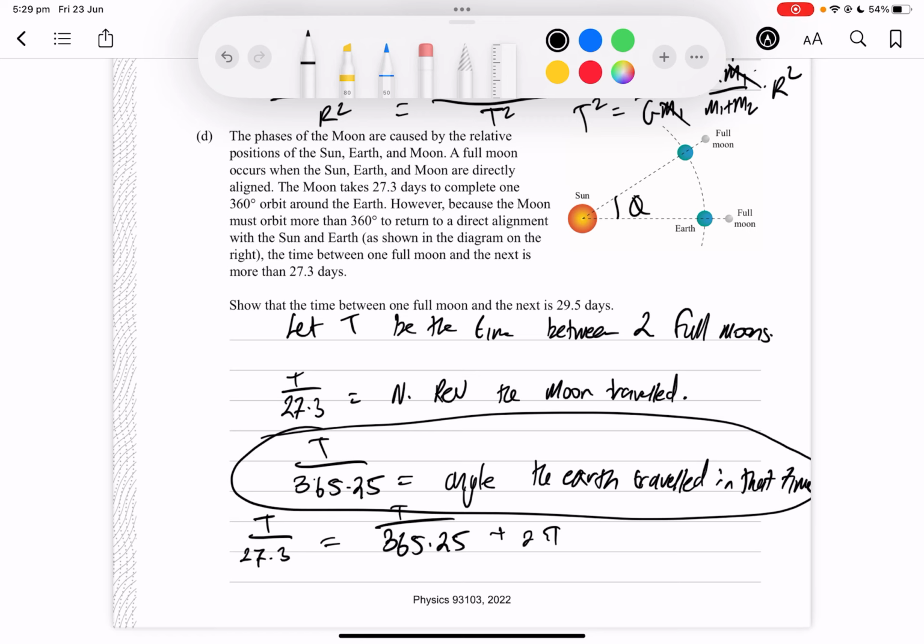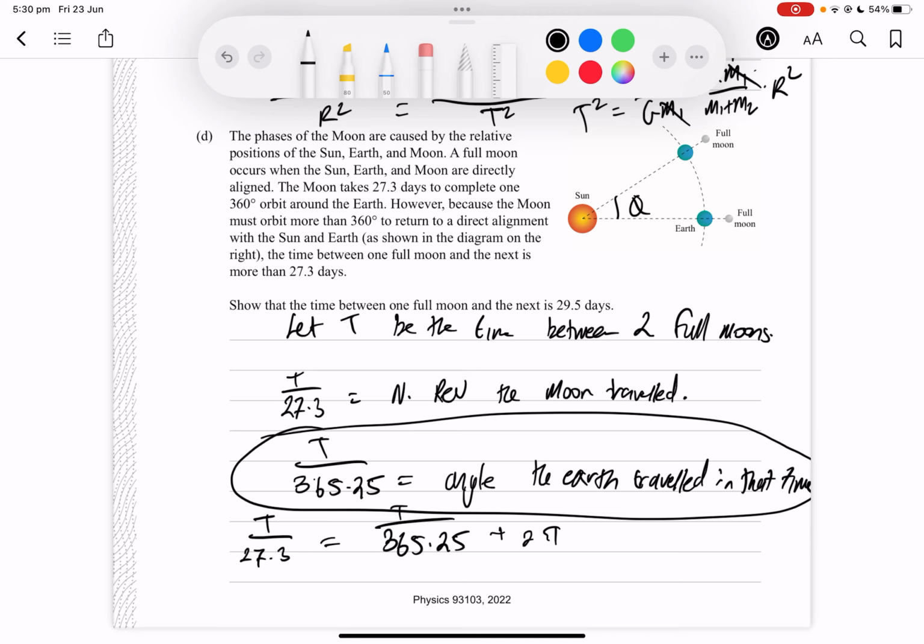Sorry, just give me a quick moment. Okay, so obviously I think I've done something wrong here. So just give me a moment. So t equals time between two full moons. Okay, yes, of course.